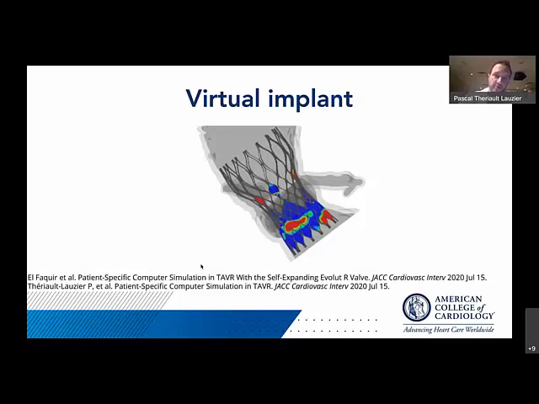So, creating an anatomy completely virtually, and then placing a device and seeing how it deforms within that anatomy. And what this allows us to do is to model the flow of blood around the device and see how well it would seal, for example, in the cases of a TAVR device. So this may be a direction that the field would go in the future.